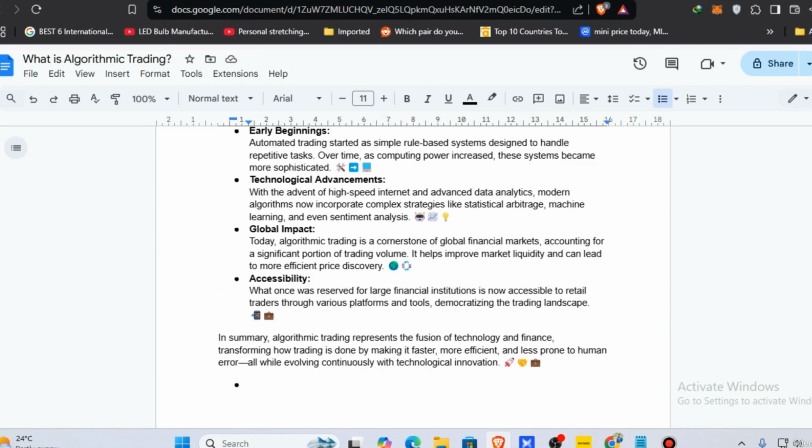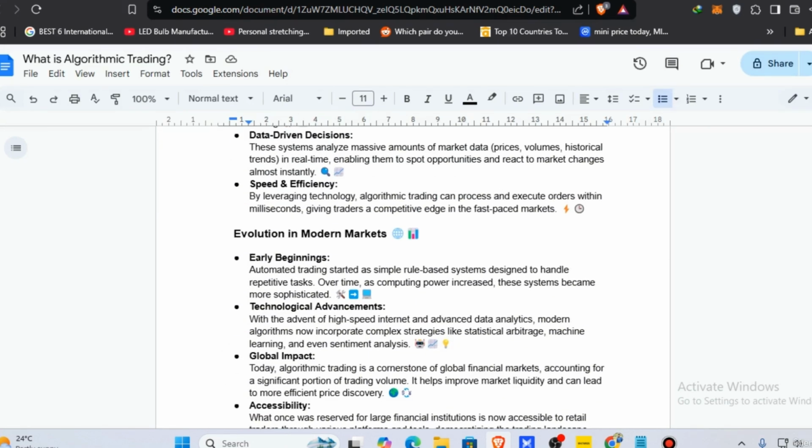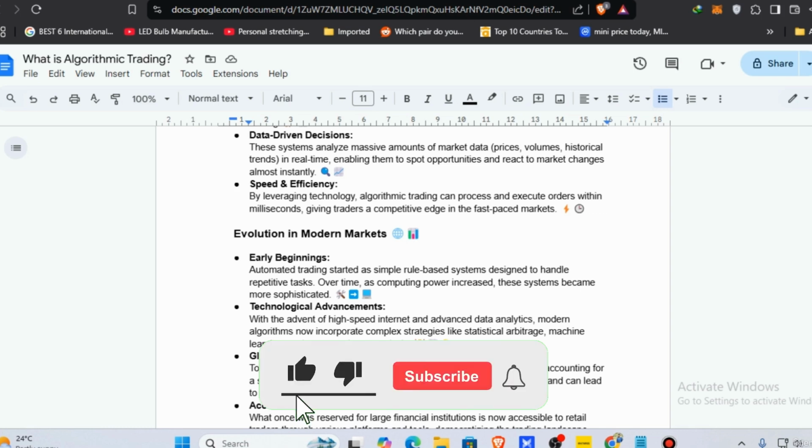I hope you now understand what algo trading is and how it has come this far. It is just a simple program that works on any type of exchange and any type of software. If you want to run an algo, you need to buy a VPS or RDP, because an RDP runs 24 hours.